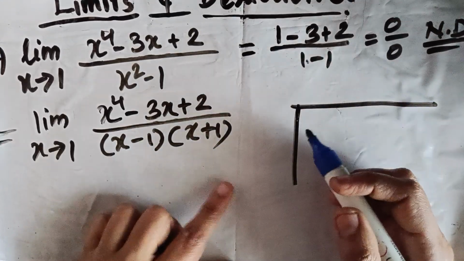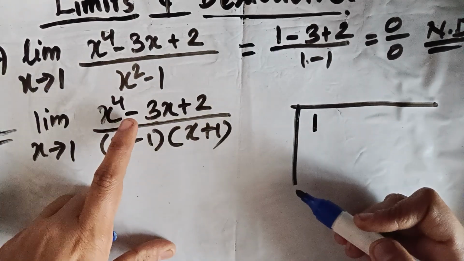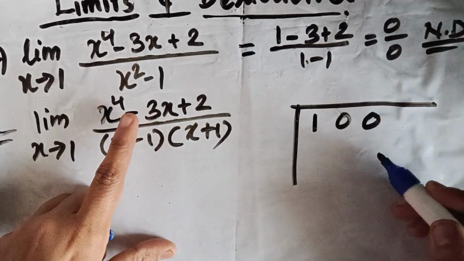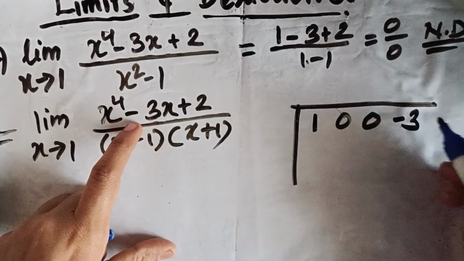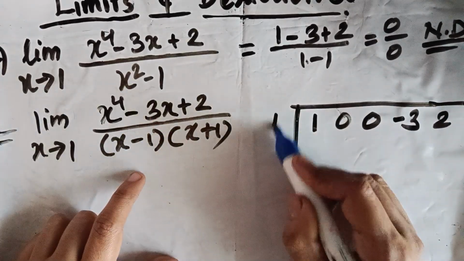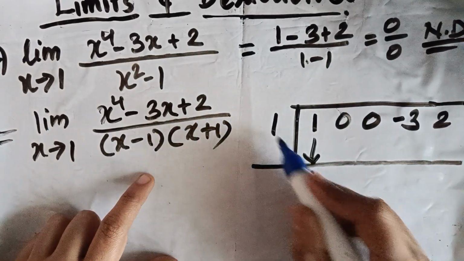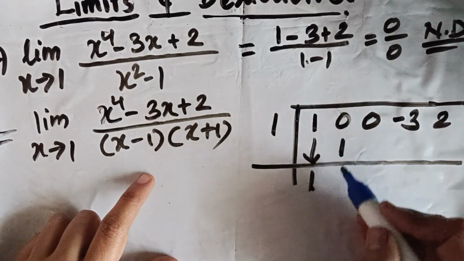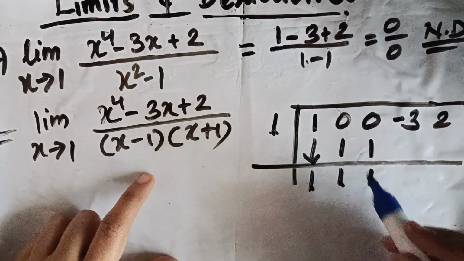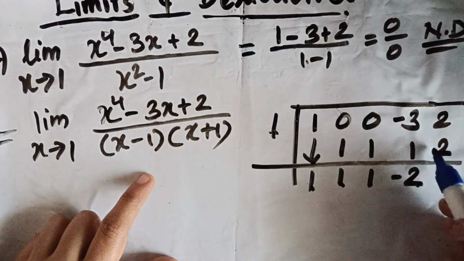So in synthetic division, you have to go for the coefficients. Now x raised to 4 has 1. Here there is no x cube term, so 0. X square term is also not there. X term has coefficient minus 3 and the last one is 2. Now I'll take 1 as the factor. So 1 into 1, 1. 0 plus 1, 1. 1 into 1, 1. 1 into 1, 1. So this is minus 2. 1 into minus 2 is minus 2.